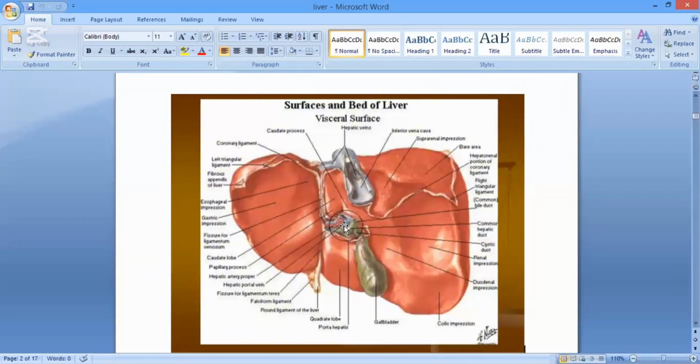It means that the portal triad, these three structures of the hilum, the bile duct, the hepatic artery and the portal vein, the left portal triad, is going to supply the left lobe along with the caudate lobe and the quadrate lobe. Is it clear? So remember that the caudate and the quadrate lobes are anatomically part of the right lobe, but functionally part of the left lobe of the liver.